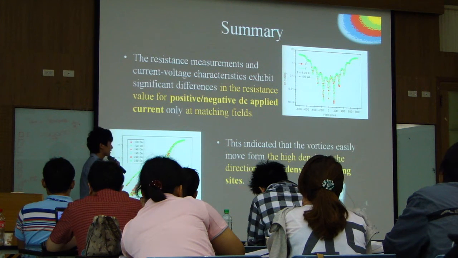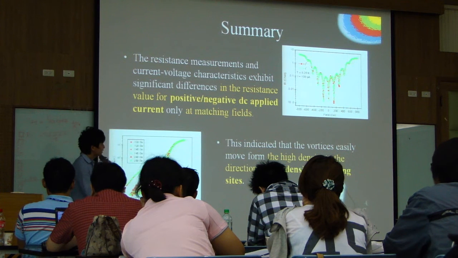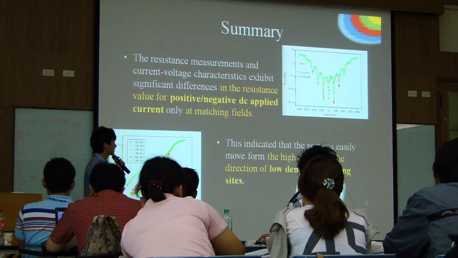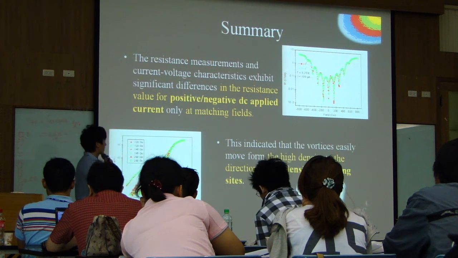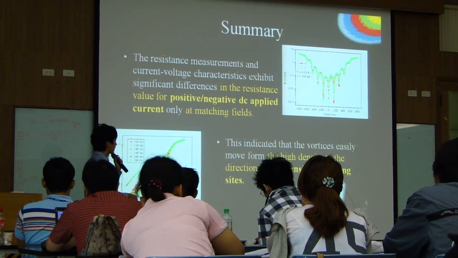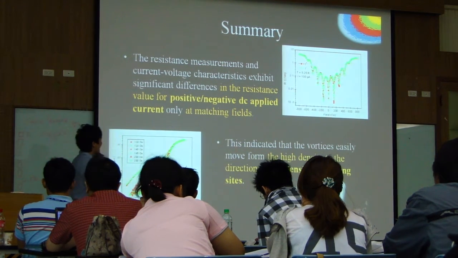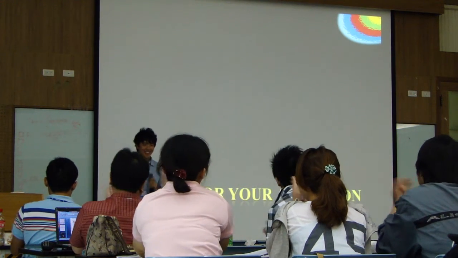We can use this phenomenon to prepare a fabrication and measurement like the pattern we just reviewed, where the y-axis is asymmetric and the x-axis is symmetric. This is what I have done so far. In the future, I will measure with AC current to see this curve. This is my report. Thank you for your attention.